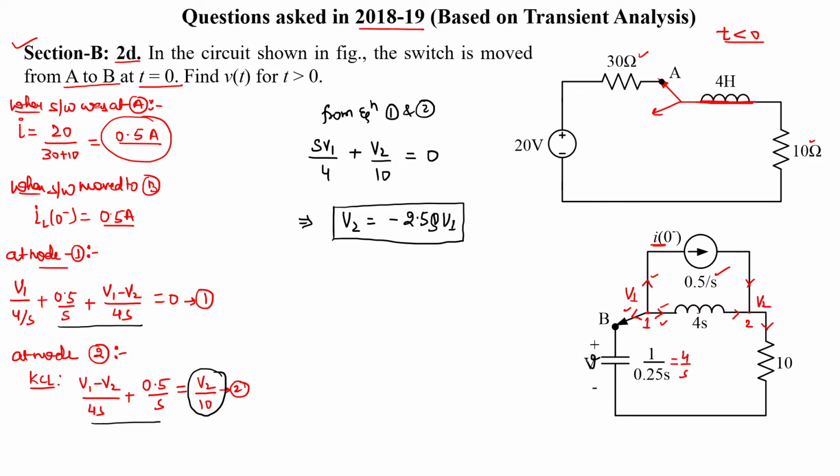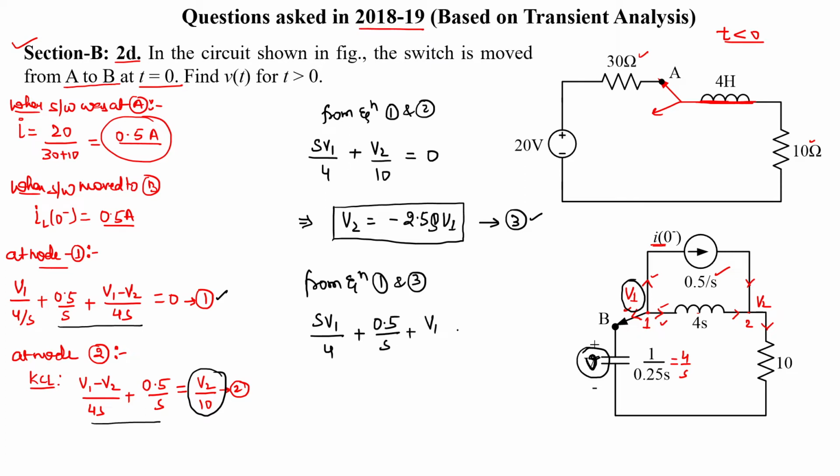What is the reason behind calculating V2? We have to determine the expression for the voltage across the capacitor, which is simply V1. So we have to find the value of V1, which will definitely give the value of V here. Clear? This is equation number 3. Now equation number 3 and equation number 1 we equate. From equation 1, sV1 divided by 4 plus 0.5 divided by s plus (V1 minus V2), with V2 equal to this value, so plus 2.5 times sV1, divided by 4s.